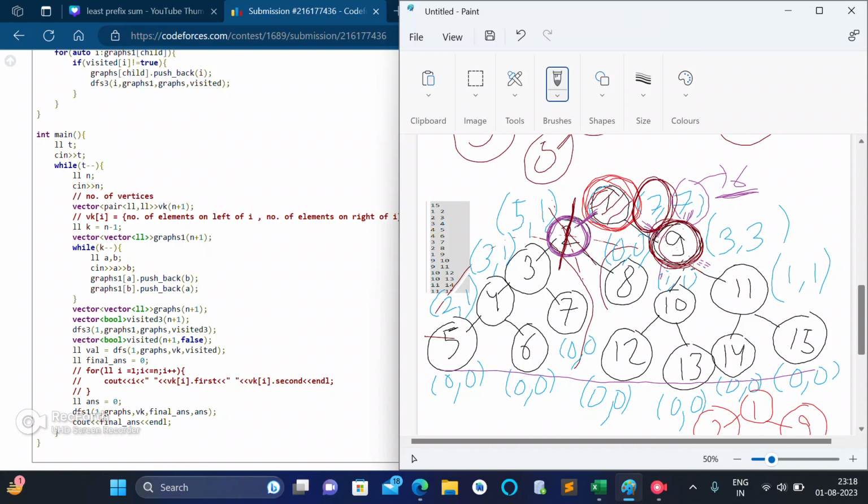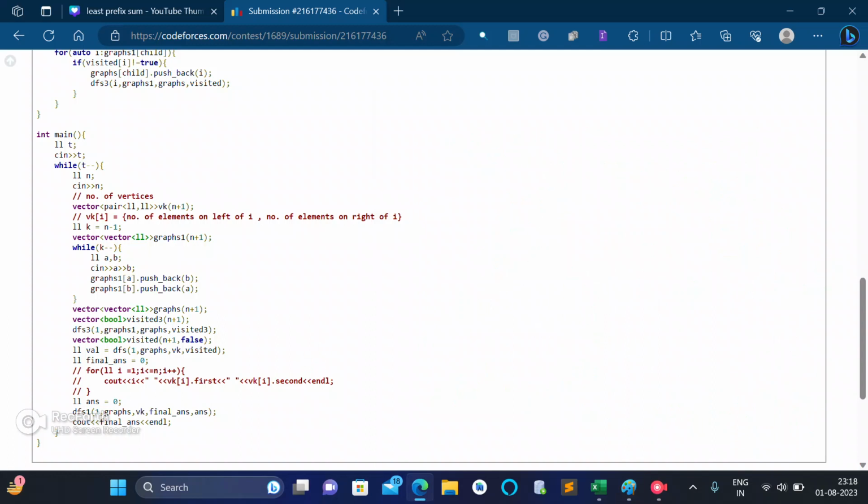When we make a call on the left side, we are thinking that we actually deleted the right node, and when we make a call on the right side, we are thinking that we deleted the left node. So if we see broadly, we are only making a DFS call on the child. Here also we are making the DFS call on the child, that is the left child and the right child.